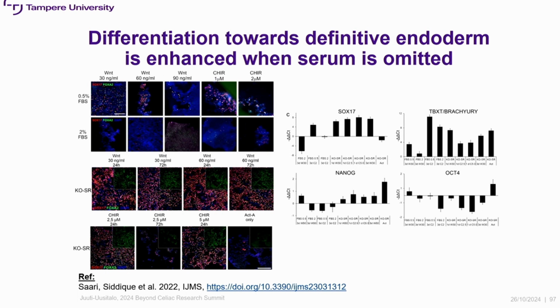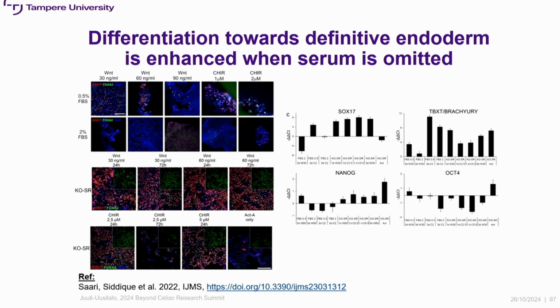When we did that work, we realized that having the fetal bovine serum inhibits the differentiation of cells. On the right-hand side, you can see the TBXT, the brachyury, and when you see the dip in the columns, that is the experiment where we did not have the FBS at all, and we replaced the serum with the knockout serum replacement.